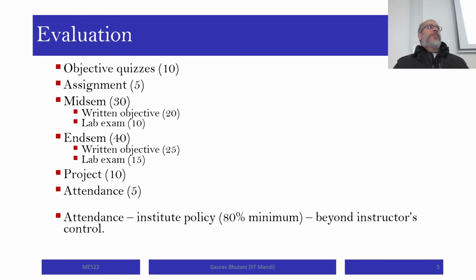We'll have a 10 marks project. Now that is completely driven by you. So after more than half a semester, I'll ask you to come up with proposals. And again, this comes from what your interest is. I'm assuming many of you will come up with machine learning, which is fine. That's the hottest application of high performance computing nowadays. Whatever you do, come up with ideas, and I'll vet them, approve them, and then you can work on the project.